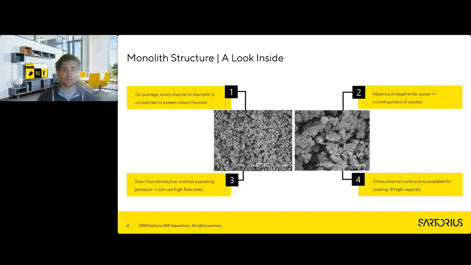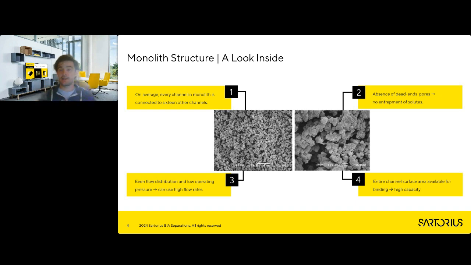Monoliths as a chromatographic media have some key features that distinguish them from the rest of the chromatographic media. As I said, they are a single unit structure with channels throughout the entire bed. On average, every channel in the monolith continues in 16 other channels.